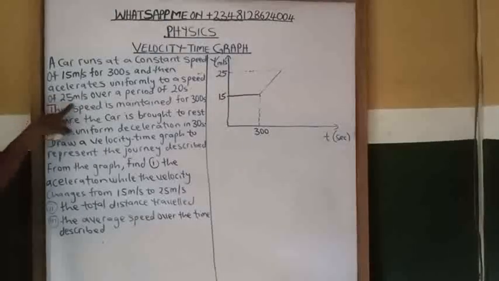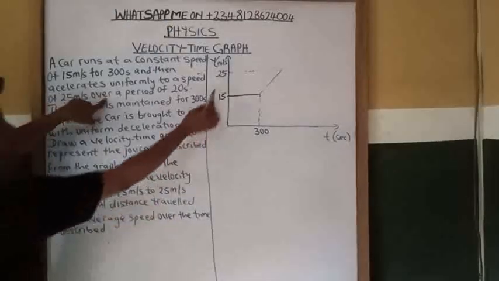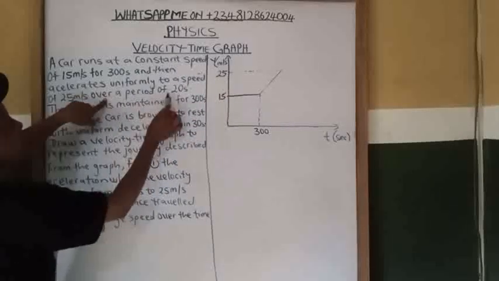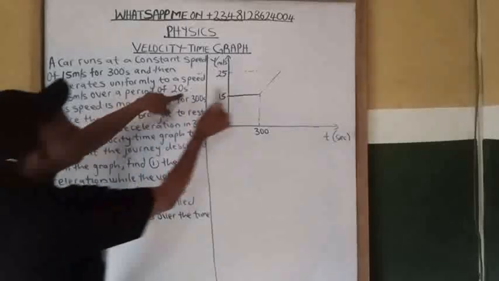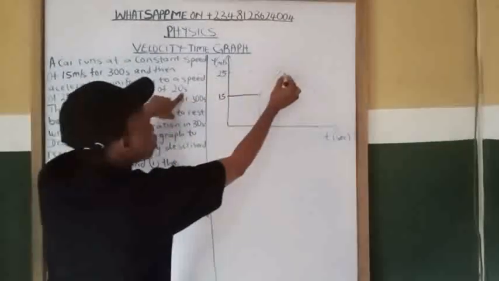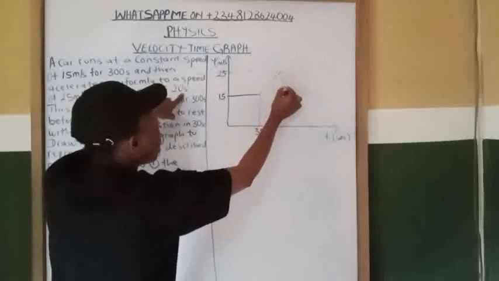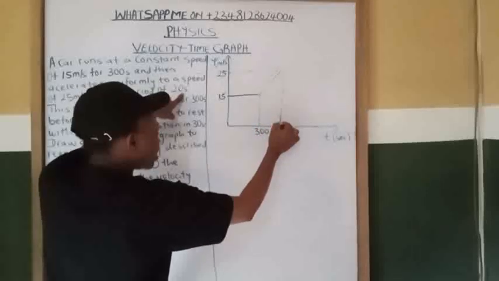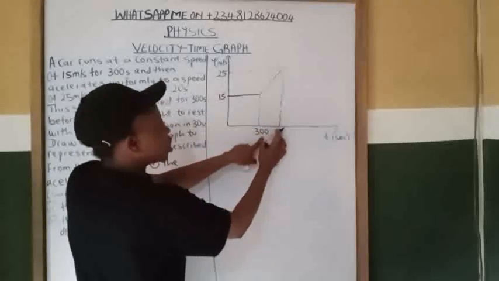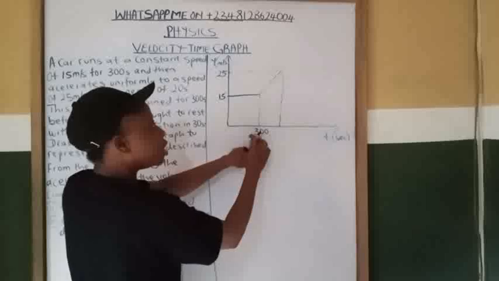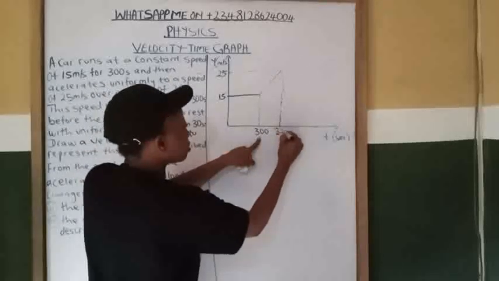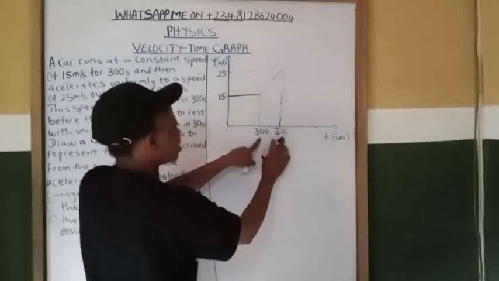We have located our 25 meters per second over a period of 20 seconds. So we trace this point down. From here down to this place is 20 seconds. We add 20 to 300, and it gives us 320. So this point is 320 now.